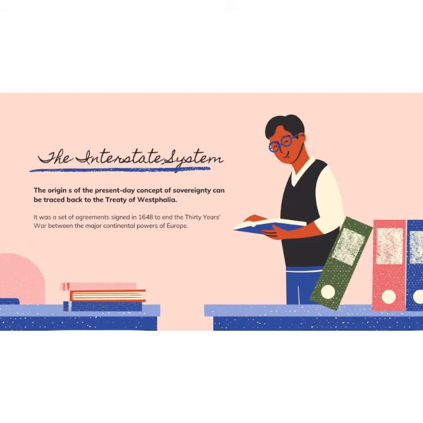After a brutal religious war between Catholics and Protestants, the Holy Roman Empire, Spain, France, Sweden, and the Dutch Republic designed a system that would avert wars in the future by recognizing that the treaty signers exercise complete control over their domestic affairs and swear not to meddle in each other's affairs. The Westphalian system provided stability for the nations of Europe until it faced its first major challenge by Napoleon Bonaparte.